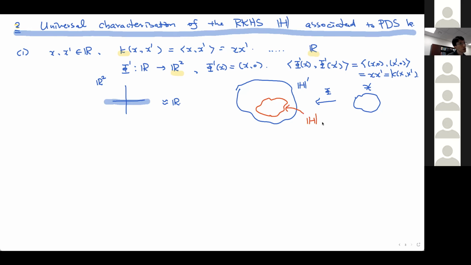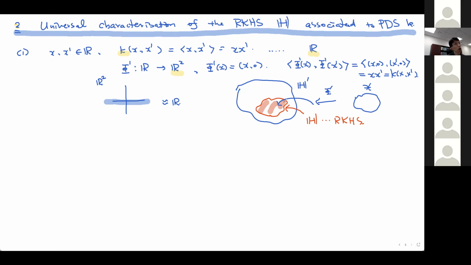So this is what we build, and then all the inner products, the encoding of a kernel, is really happening in this subset. So even when you use this phi prime and H prime, the phi prime maps every element in this X to this subset, and then all the inner product is really happening in the RKHS.